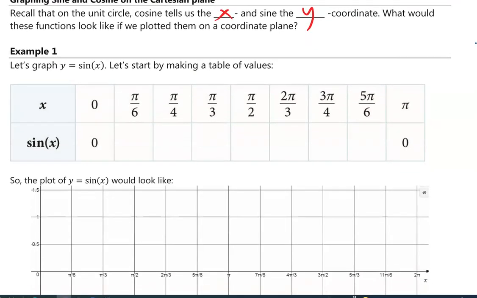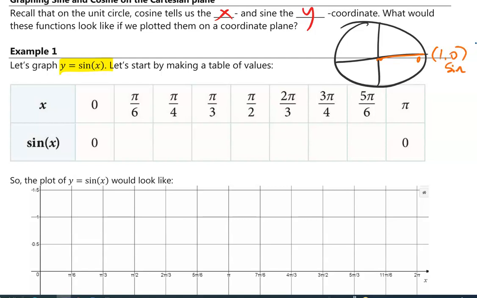Let's graph y equals sine x, and let's start by making a table of values. When x is 0, sine of x is 0. So we have that here. This is when it is 0. So we know that this is 1, 0, and this is the sine.